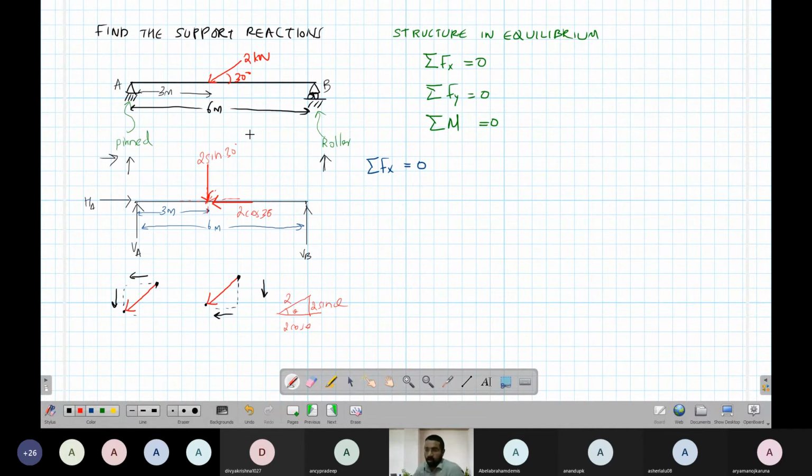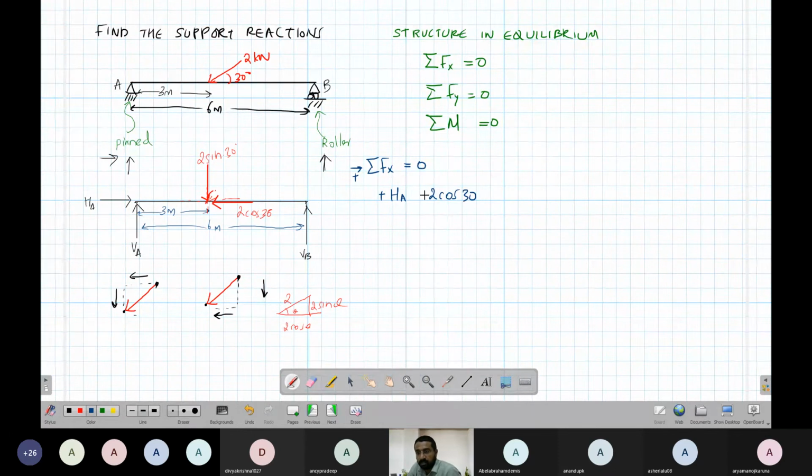Okay. Now what will we do? Summation of force in x direction. What is the force in x direction? Right is positive. So we have HA. It is rightward, so it's positive. We have a 2 cos 30.